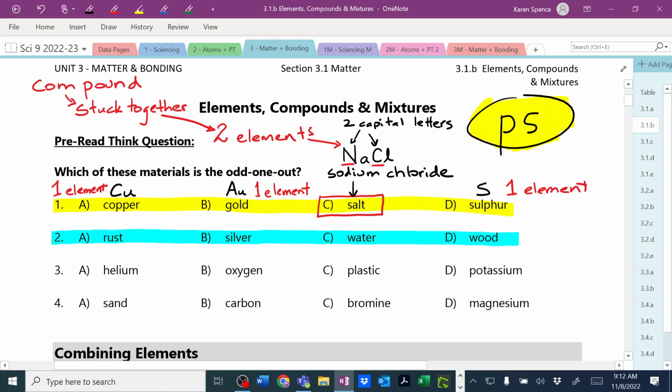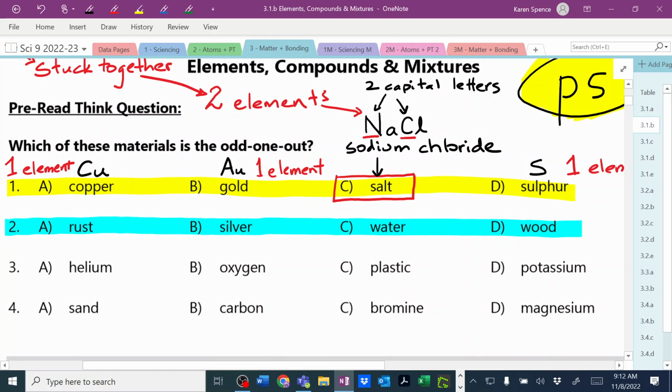Rust is iron oxide. There are other ways of doing it, but as Connor was pointing out, there is more than one way to classify these as the odd one out, because rust is a solid, silver is a solid, wood is a solid, and water is a liquid.